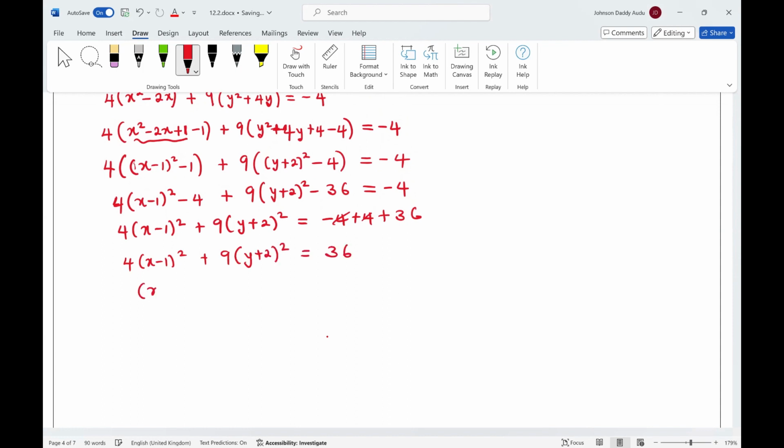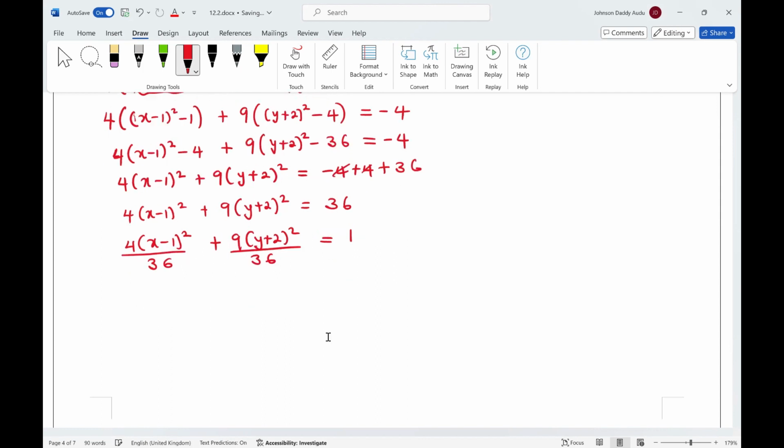So we can divide both sides by 36. So this will be 4 times x minus 1 squared over 36 plus 9 times y plus 2 squared over 36, which equals 1.